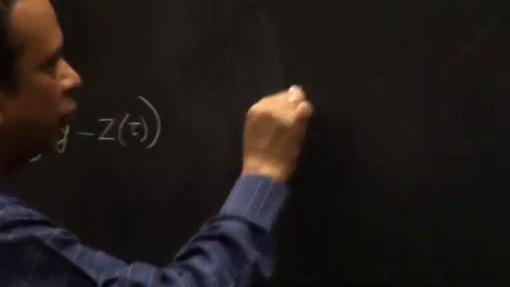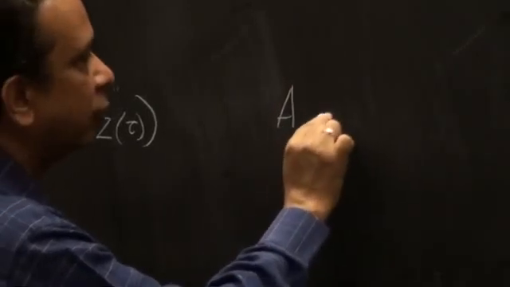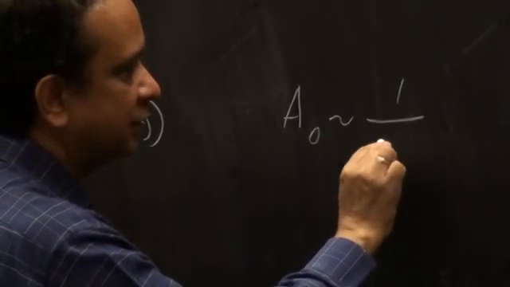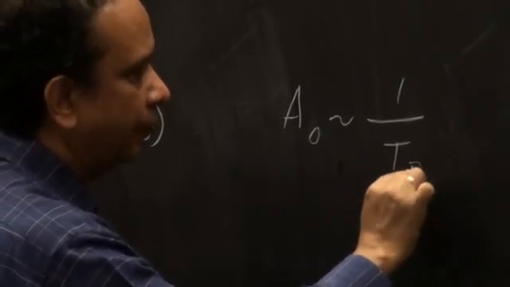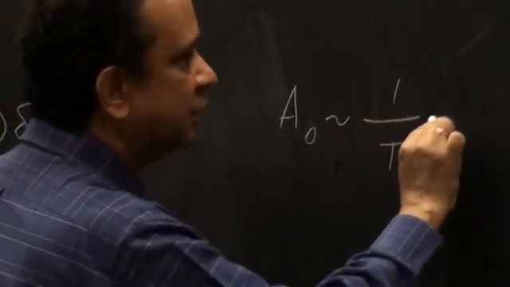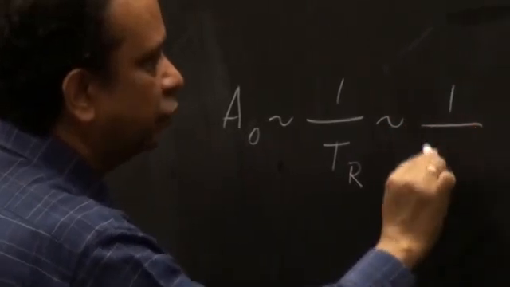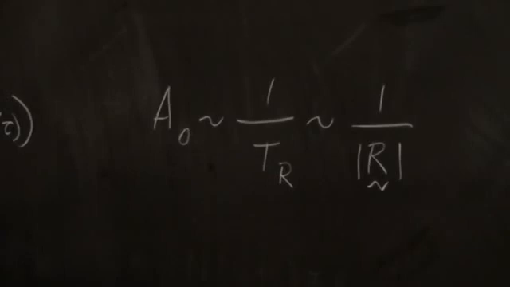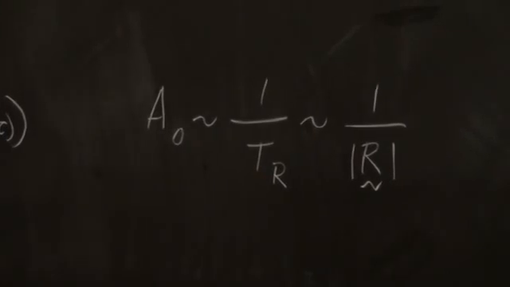So if you have a static source, all that you are going to get is something like A0, as u0 is 1, divided by the affine distance, which is t at the retarded time. But t at the retarded time is nothing but r at the retarded time. So you get a potential which goes as this if a charge is at rest. It's known as the Coulomb field. Okay? So you don't have to be sophisticated about it.